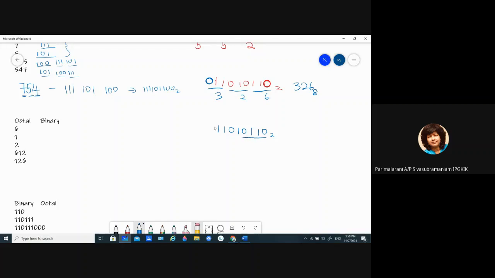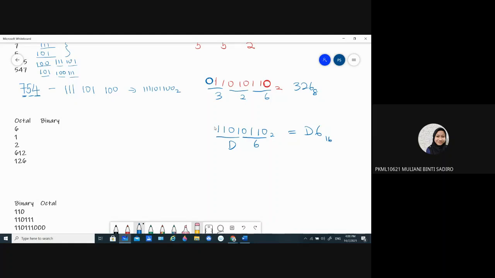So what is 0110 in base 16? 6. Okay, 1101? 13. But we can't write 13 here. So what is the alphabet that we should write? D. So this equals D6 base 16.